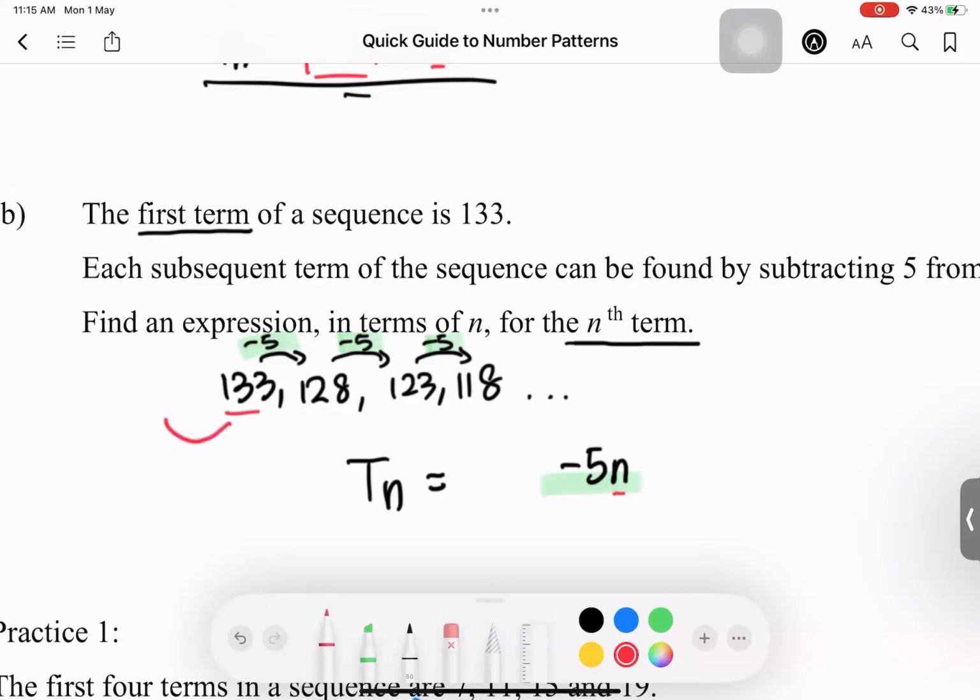I need to think, what number minus 5 can give me 133? So we undo the subtraction, we do the opposite with plus 5. So 133 plus 5 gives me the number 138. So the formula will be 138 minus 5n. Is this one okay?